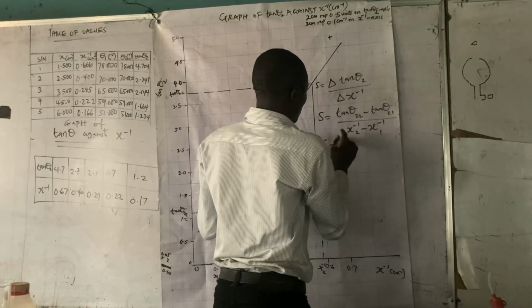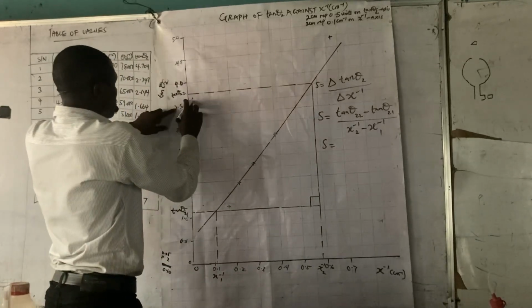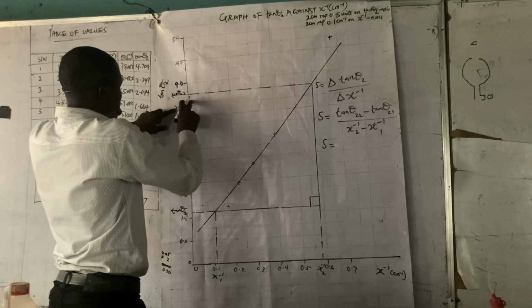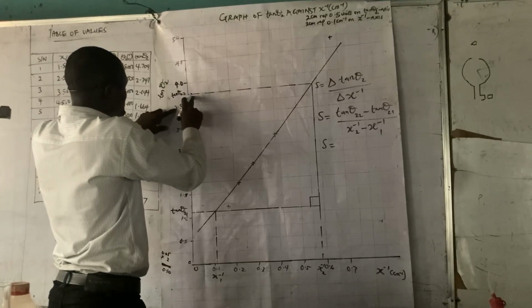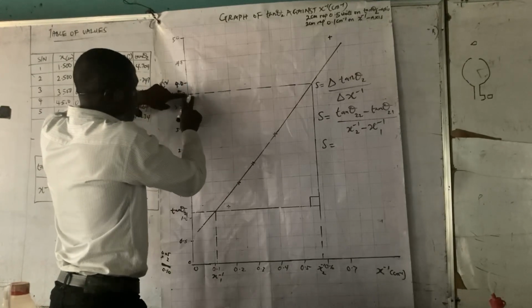So what is tan theta 2 2? This is 3.5, 3.6, 3.7, instead of 3.8, now we have 3.75.